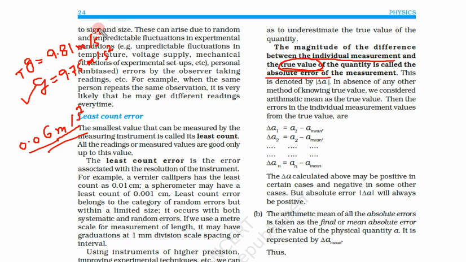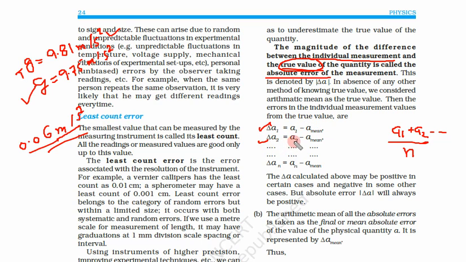Here we have the true value of g. Suppose we are doing some new experiment and we don't have the true value, then what will we do? In that case, we will assume that the mean value that we have calculated by a1 plus a2 and so on divided by n is the true value, and we will take the difference for each of those values. So the difference delta a1, that means absolute error in the first value, is a1 minus mean.